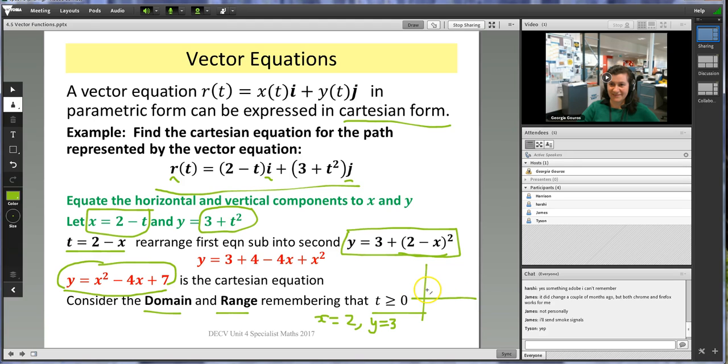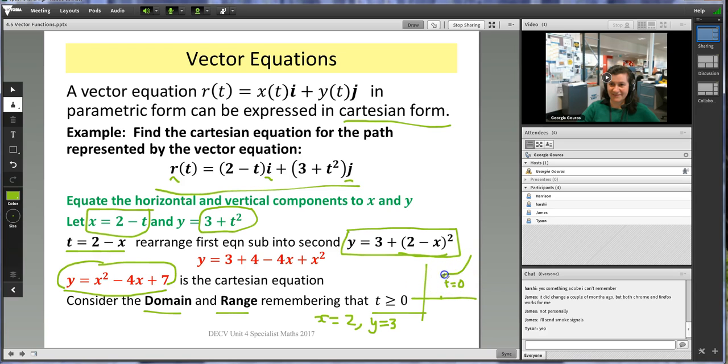So, 2 and 3. This object is going to start here. At t equals 0, it's going to be there. And then it's going to go off in its parabolic path following this rule. Okay? It doesn't exist before t equals 0.